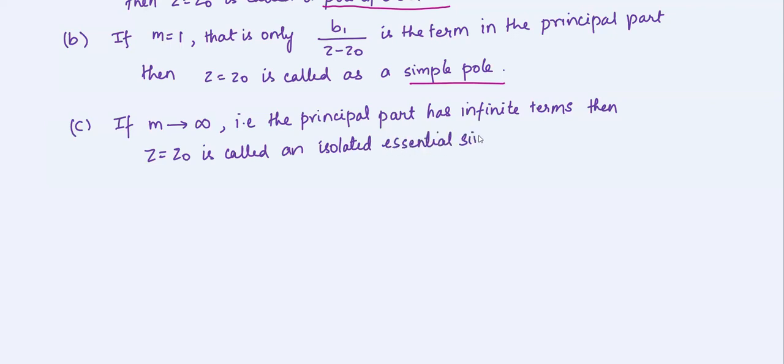That means you cannot remove this singularity at all. By multiplying with any power, you cannot remove an essential singularity.